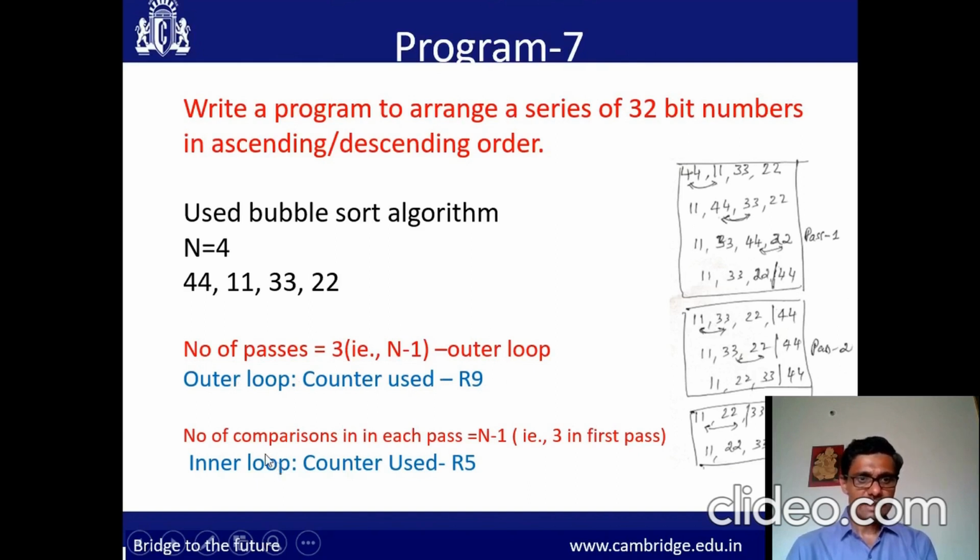Similarly, the inner loop is for the number of comparisons. The inner loop counter used is R5. For the first pass, there are 3 comparisons, so R5 is also initialized with n minus 1, that is 3. So R9 is initialized with 3 and R5 is also initialized with 3.